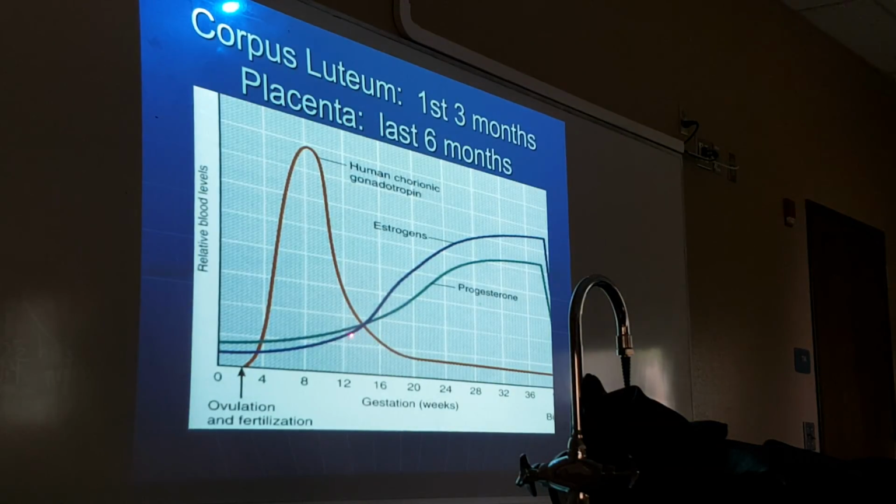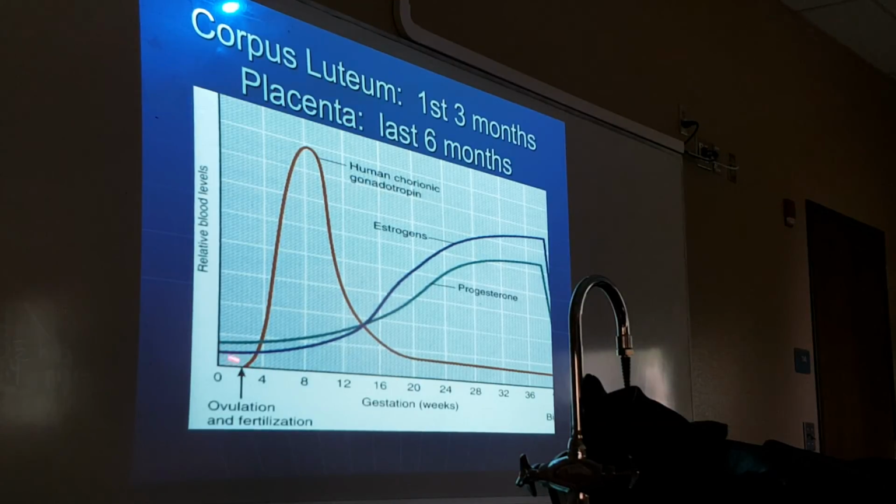So, notice, this is the graph we looked at before. We were looking at it in connection with HCG, human chorionic gonadotropin. And this, of course, prevents the corpus luteum from degenerating. Notice also, since it's on this picture, we know that estrogen and progesterone levels at certain times in the menstrual cycle become very high.